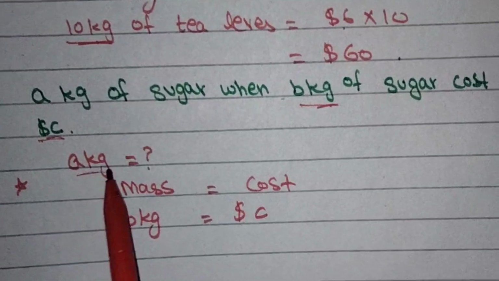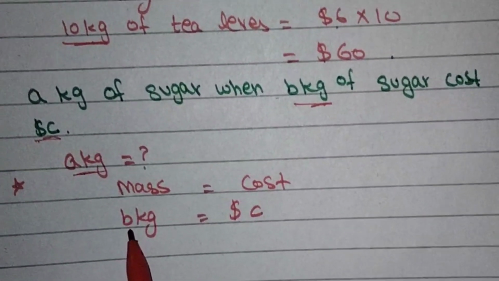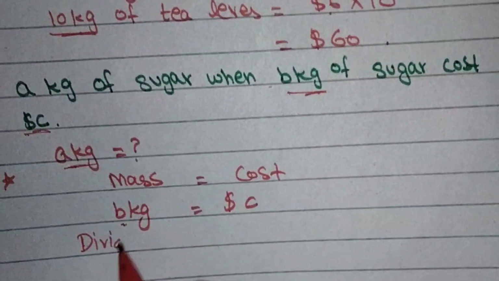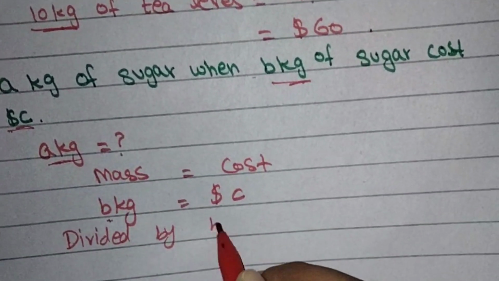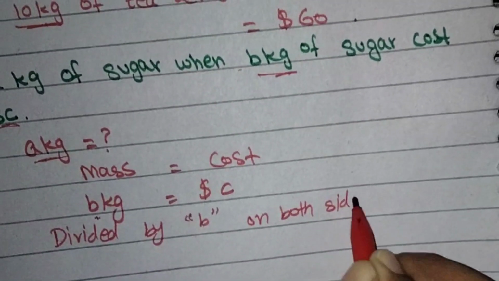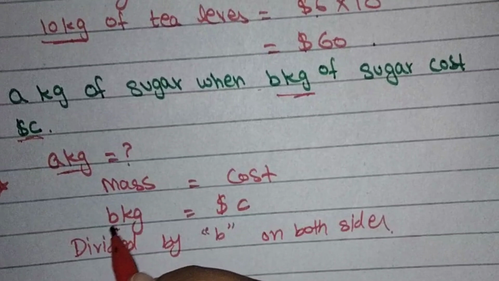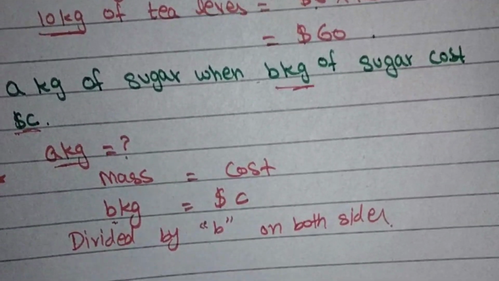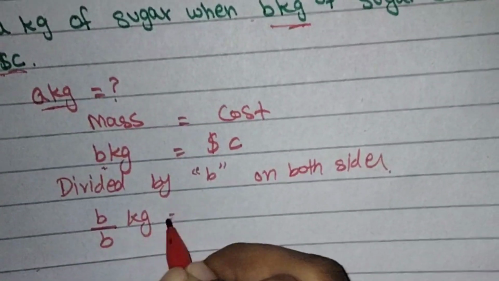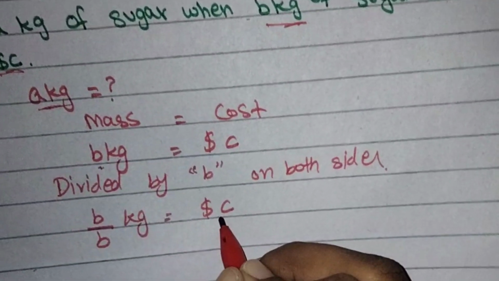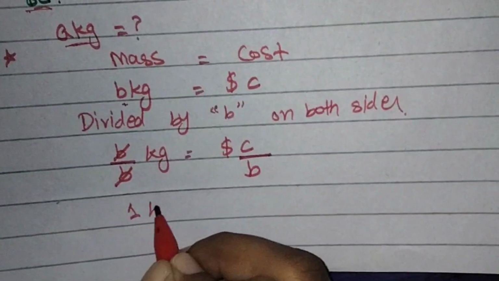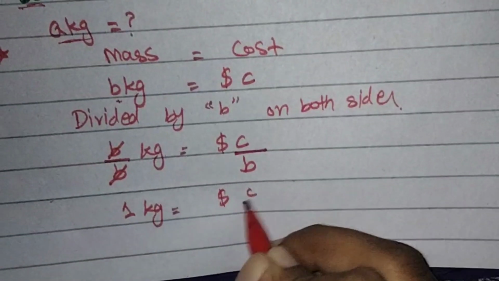Now I want to find a kg, so I will first make this 1. I will divide by b on both sides, because I want to make this 1. So b divided by b kg is equal to $c divided by b. b cancels with b, so 1 kg is equal to $c divided by b.